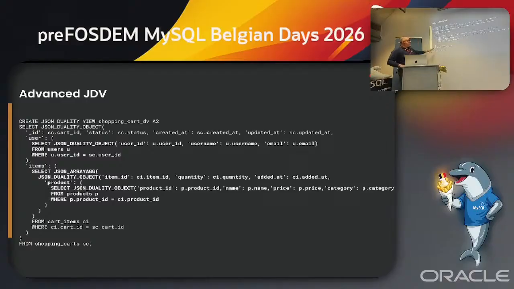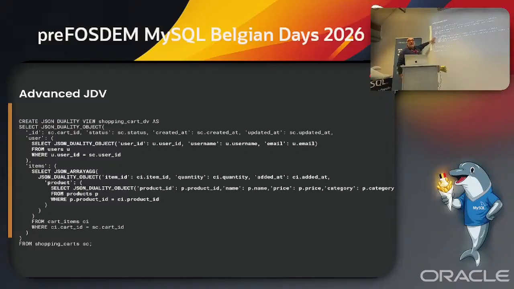So what we do here, for example, if we want to retrieve a shopping cart, is this is the idea of the shopping cart. For the user, I create another object. The user is the same here in this table as in the shopping cart. So I can create sort of joins. Okay?